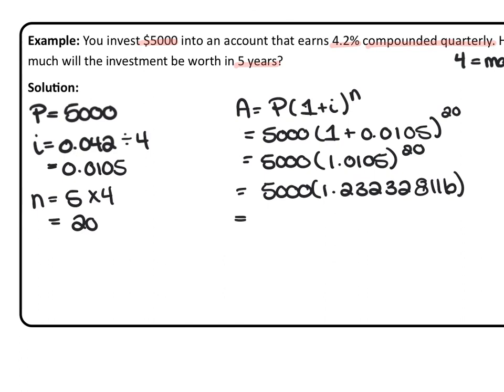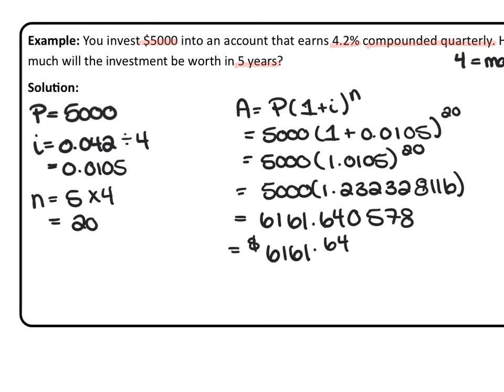And then I'll multiply by 5,000. 6161.640578. And round it so that we get a dollar amount, $6,161.64. And that is how simple or compound interest works.